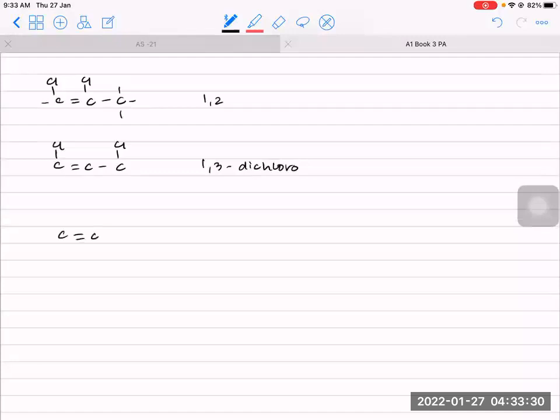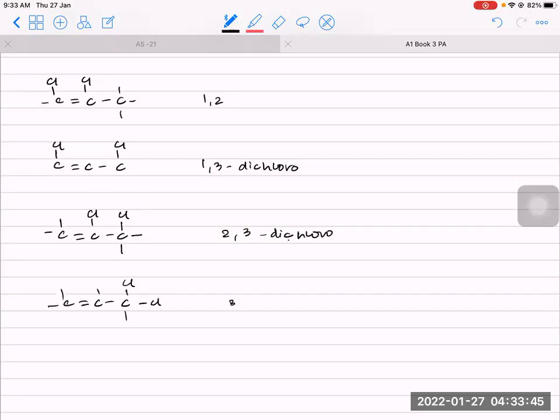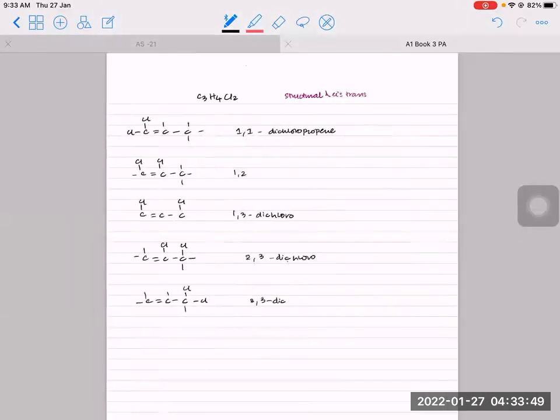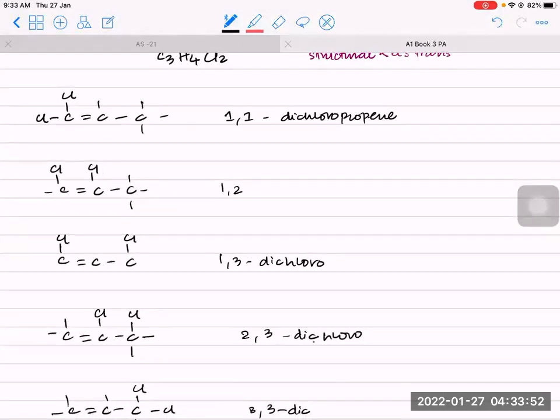Then you can have, what is this? 2,3-dichloropropene. Then you can have what? 3,3-dichloropropene. Is this clear? Yeah. Now we've made all the structural isomers.